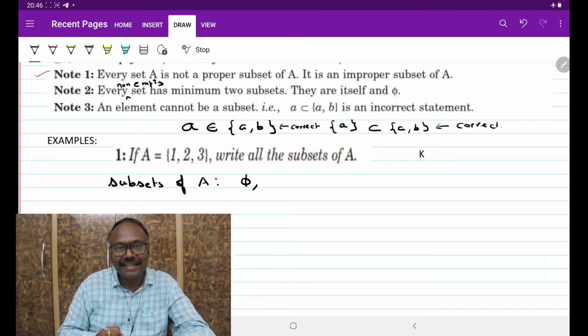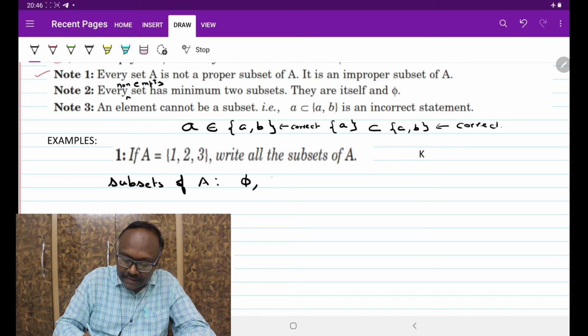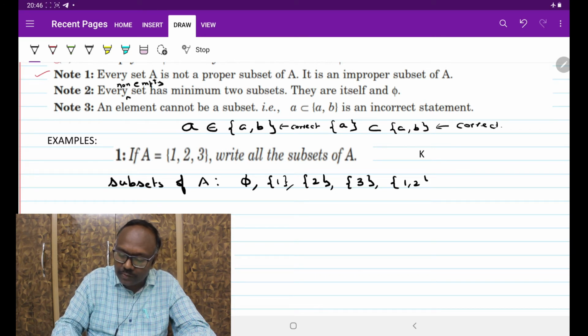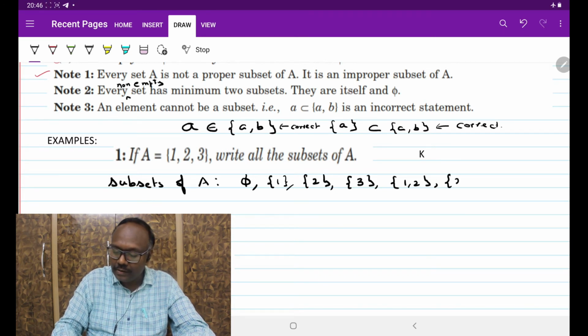Then we have singleton sets, that is the set containing 1, the set containing element 2, then the set containing element 3, then the sets containing 2 elements, that is {1, 2}, then {2, 3}, then {1, 3}, and the complete set itself, that is {1, 2, 3}.